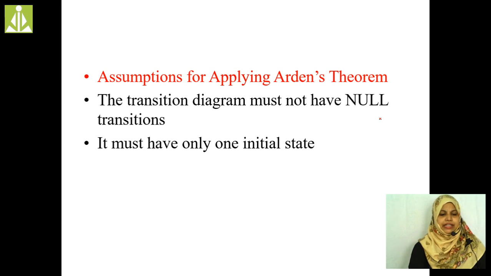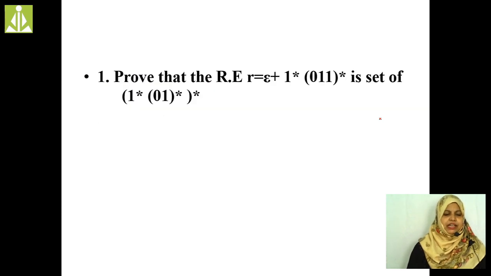Now, I am going to simplify this regular expression. Prove that the regular expression R equals epsilon plus 1 star (0 0 0 1 1) whole star is a set of (1 star 0 1 star) whole star.